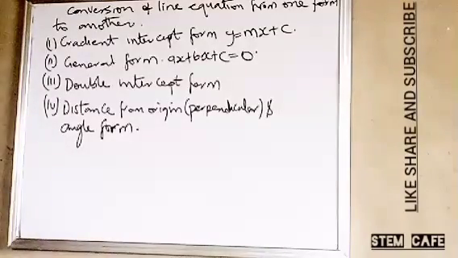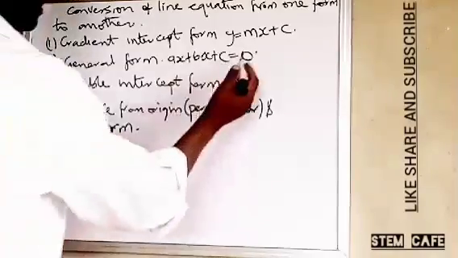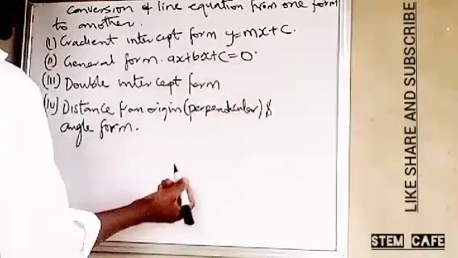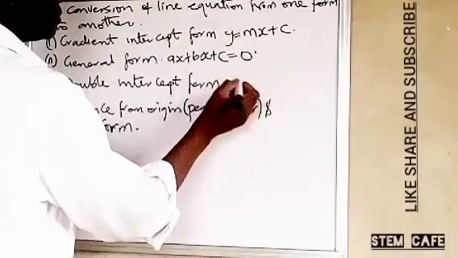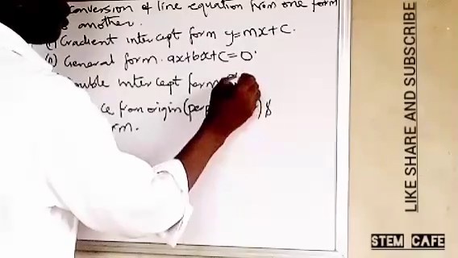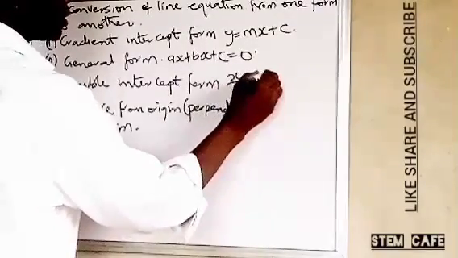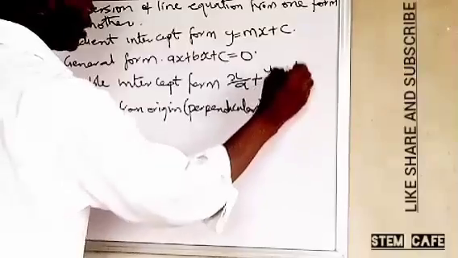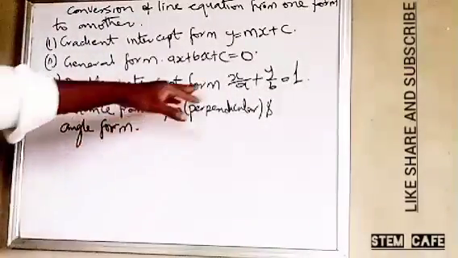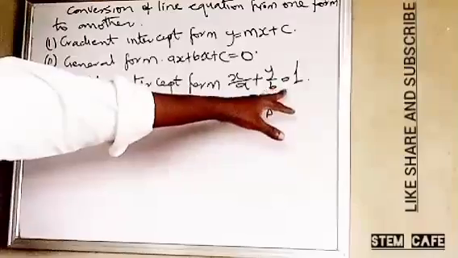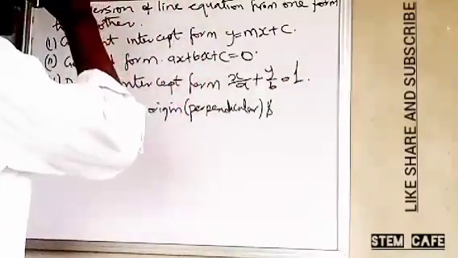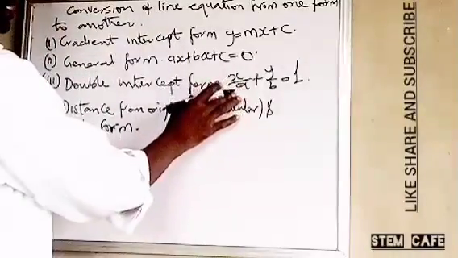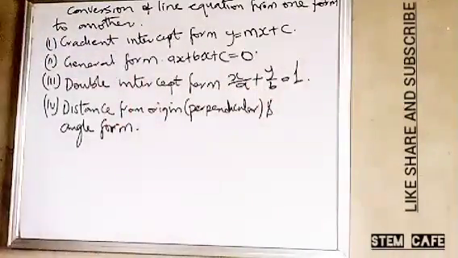You make everything to be on this side, you make the equation equal to 0 to turn it to general equation form. Double intercept form, if you have the equation like this, at the end of the day, you just have x over a plus y over b equals 1. So what are we saying? The answer of this equation should give you 1, and from there you can easily get your a, that is the x-intercept, and b, the y-intercept.